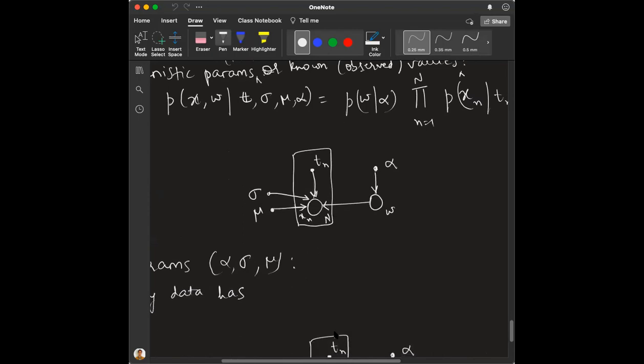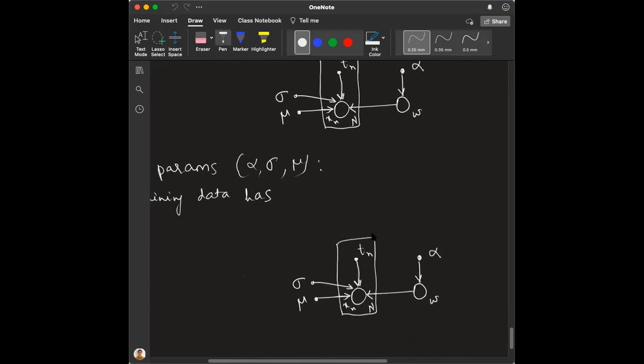So my training data will contain Tn. Even my test data will contain Tn, because this is the observed value for which we want to compute xn. Now, what else? Alpha. Will my training data contain alpha? The answer is no. Not this, not this, not this.